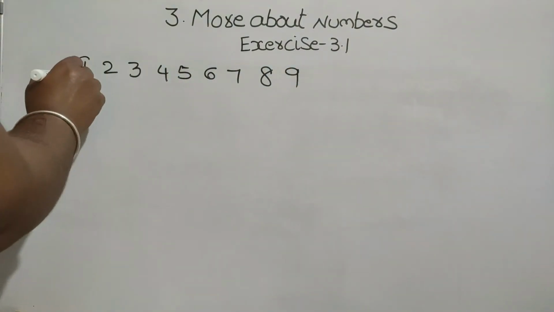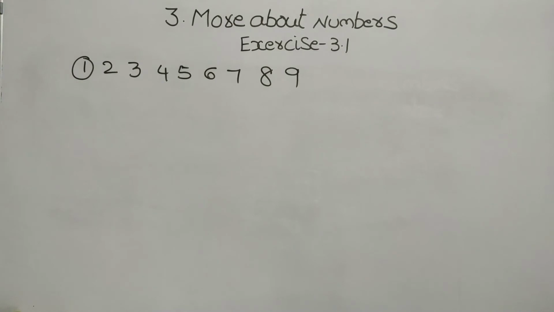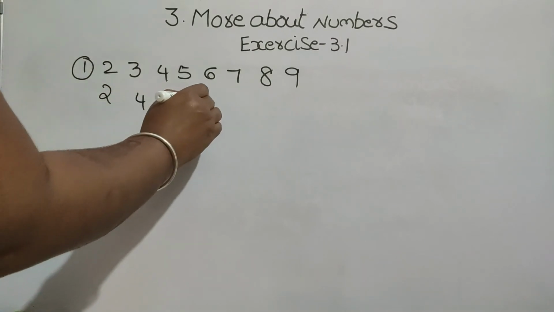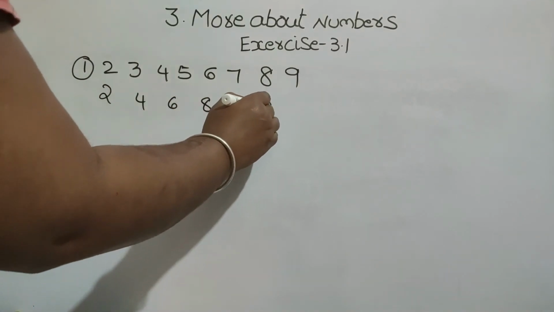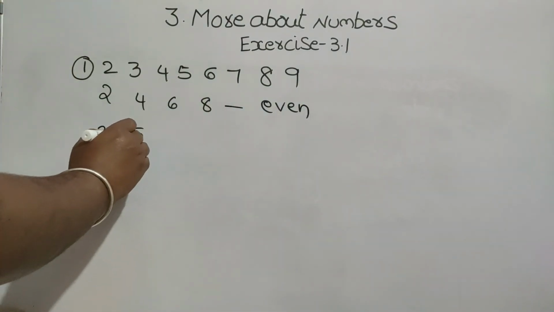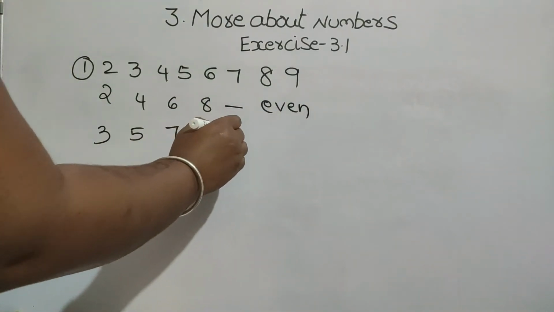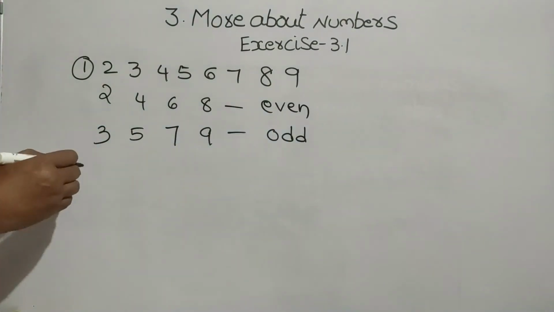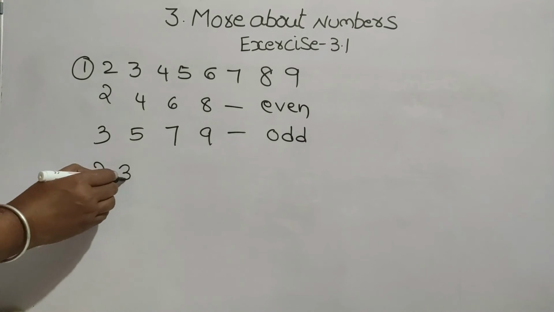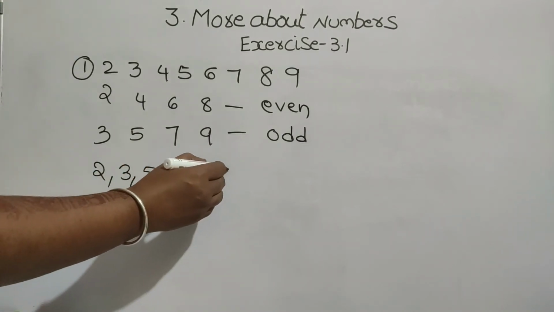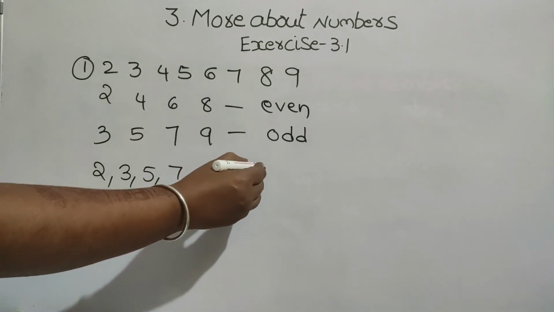In this, 1 is neither composite nor prime, so we'll leave it aside. Now, 2, 4, 6, 8 are even numbers. 3, 5, 7, 9 are odd numbers. In this, 2, 3, 5, 7 are prime numbers.